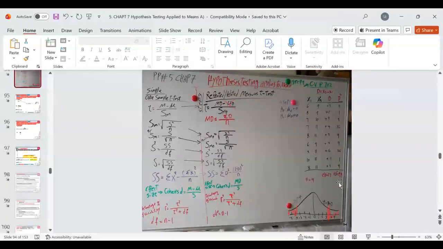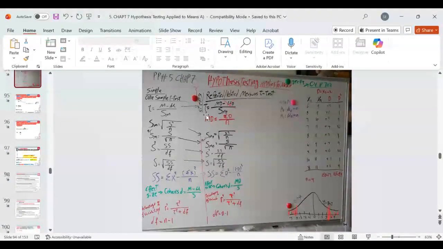So the sum of D square, you plug it in, and instead of the sum of X, you have the sum of D, squared, divided by N. And this is how you calculate the SS, and you plug it into the formula on top.